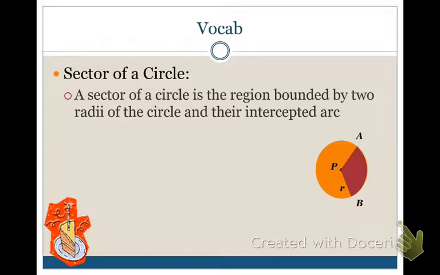But instead of finding the distance around the edge of the circle that's covered, we're finding the area. But you're still going to use the arc measure of that arc. It's still going to make that same fraction: whatever degrees this covers over 360. But instead of multiplying by the circumference, the distance, we're multiplying by the area of the circle.